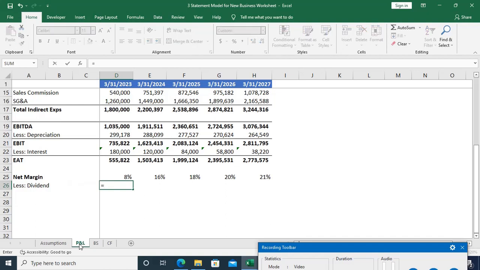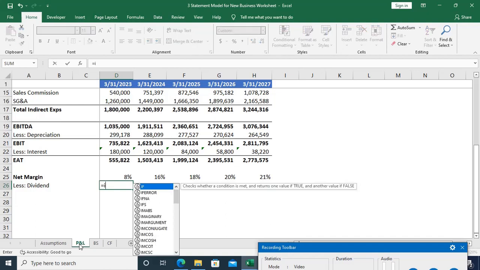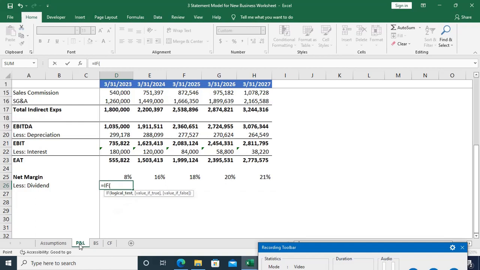So if the net margin is less than 10%, then 0, or else what will happen?